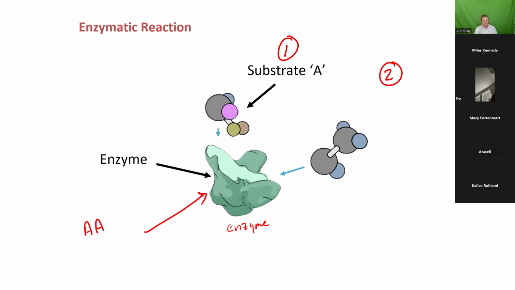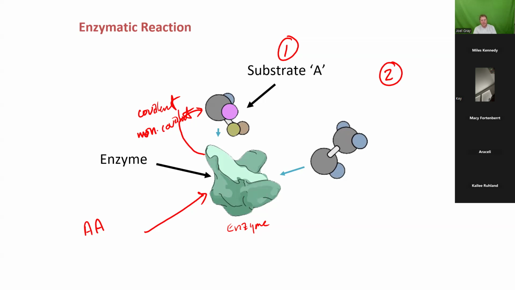What kind of interactions stabilize those different structures? Well, there's covalent and non-covalent interactions. What types of interactions attract this enzyme to this substrate? Well, covalent and non-covalent interactions. All of these different types of interactions are what attract these two things to one another.